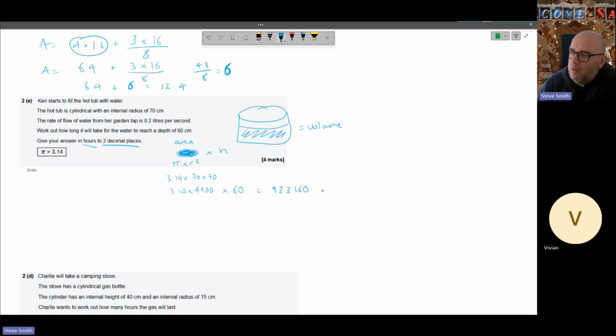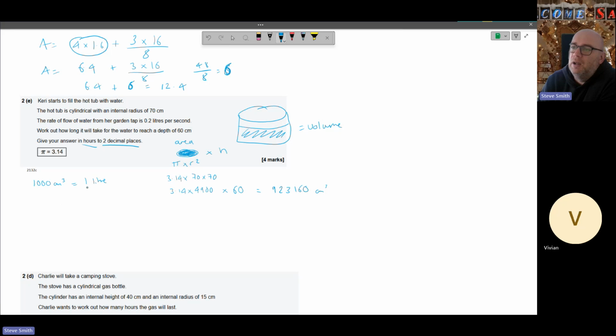We've now worked out our volume, but in centimeters cubed. And it's saying liters. 1,000 centimeters cubed equals 1 liter.